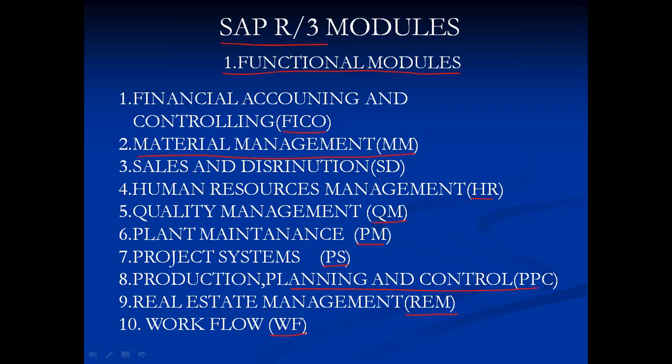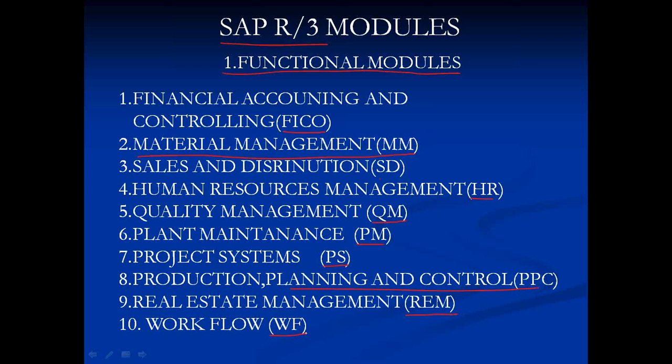The departments are using different softwares manufactured by different companies. That's why integration was very difficult there. But now all these FICO, MM, SD, HR, QM, PM are developed by the same company. As a result, one software can be integrated with the other softwares. That's why there is a free flow of information among the departments.